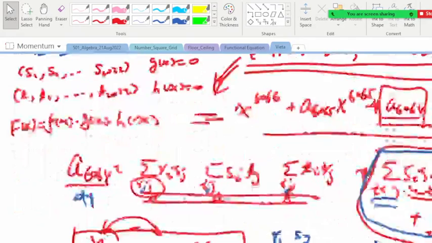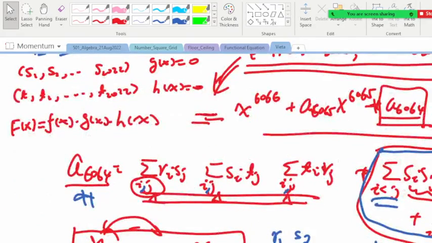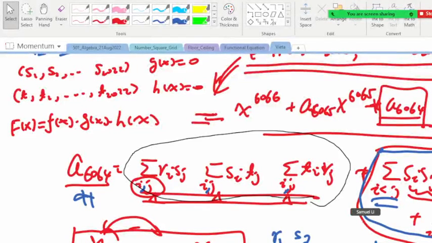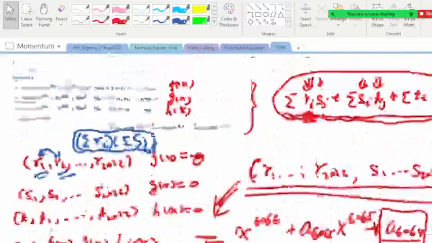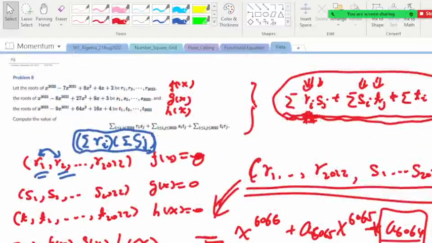This part of Vieta's you can separate from the function, right? So it's like R_i squared, R_i S_i, and we can also find that. So this part is easy, it's from separate equations. Then you can make a product and combine them together. Okay, got it.